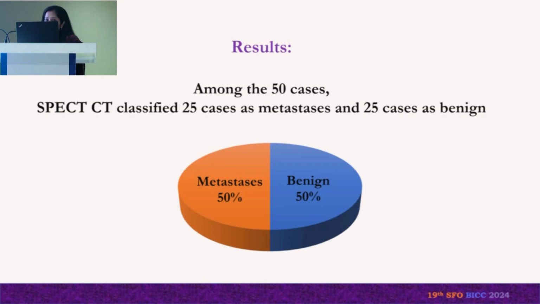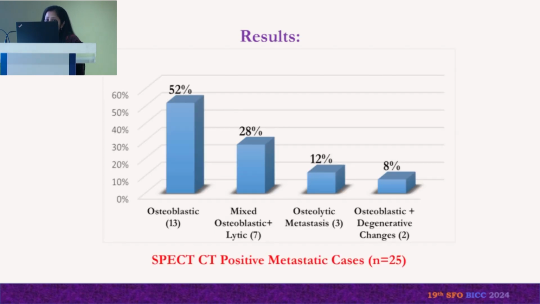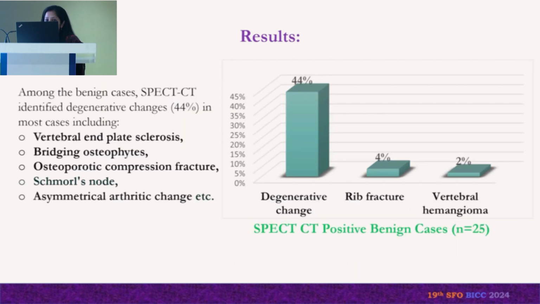In our study, among the 50 cases, SPECT-CT classified 25 cases as metastasis and 25 cases as benign. That means 50% metastasis and 50% benign cases were included in our study. Among the SPECT-CT positive metastatic cases, mostly are osteoblastic lesions, that means 52%, then mixed osteoblastic and lytic lesions 28%, and the rest are osteolytic metastasis and osteoblastic metastasis with degenerative changes.